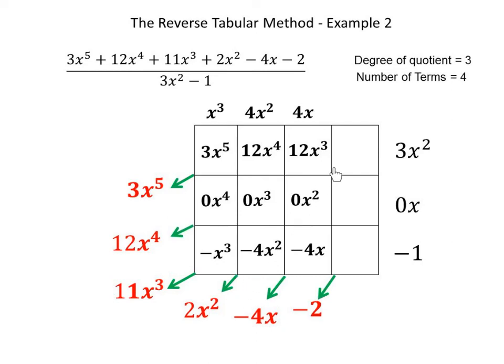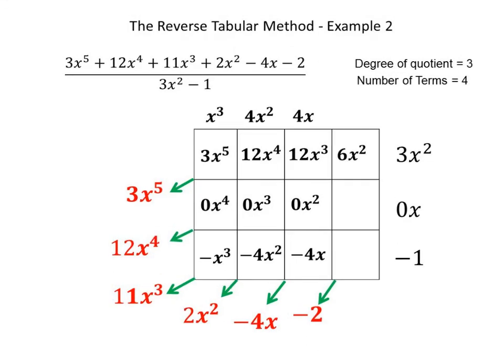You might need to pause the video to really figure this out by yourself. You need to actually add 6x squared here. Negative 4x squared plus 0 plus 6x squared will give me 2x squared. That is how you determine it, by adding these three elements down this diagonal.